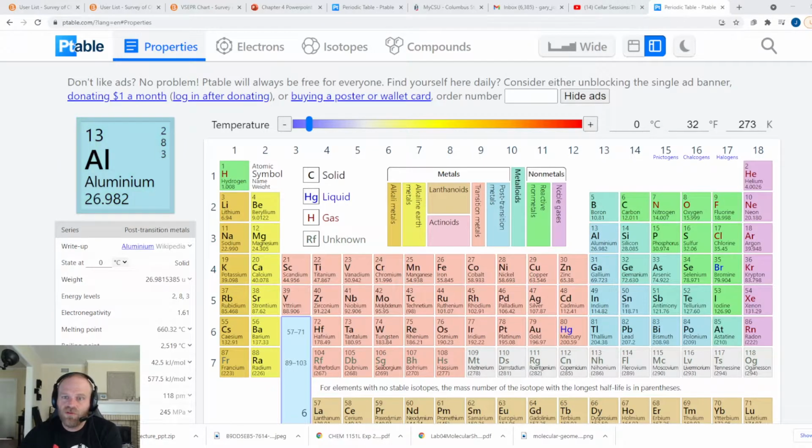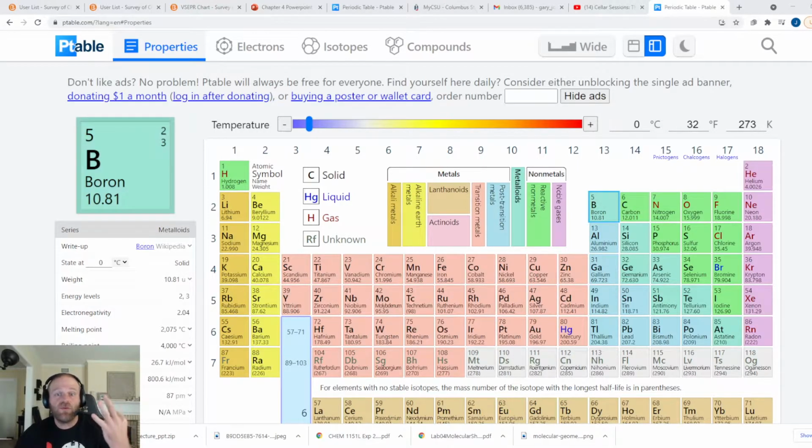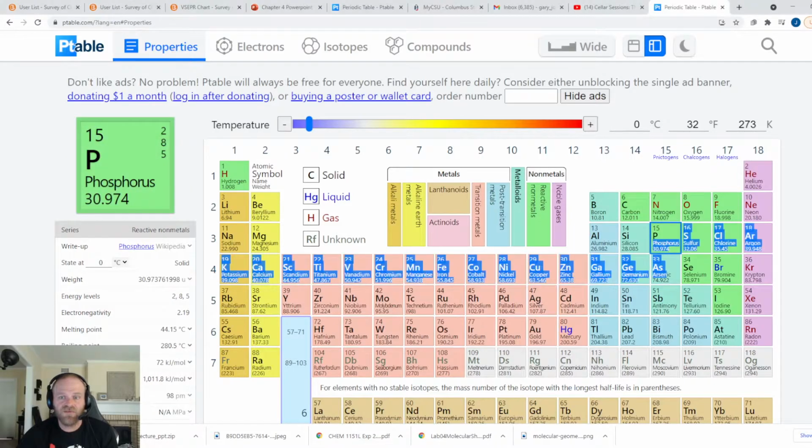Just know that when you're counting valence electrons, you skip the transition metals and go straight over to boron. This is group 3A, and it has group 3. All elements in group 3 have three valence electrons, so aluminum, gallium, indium. Carbon 4, nitrogen 5, oxygen 6, fluorine 7. Everything below it follows the same pattern as the one up top.